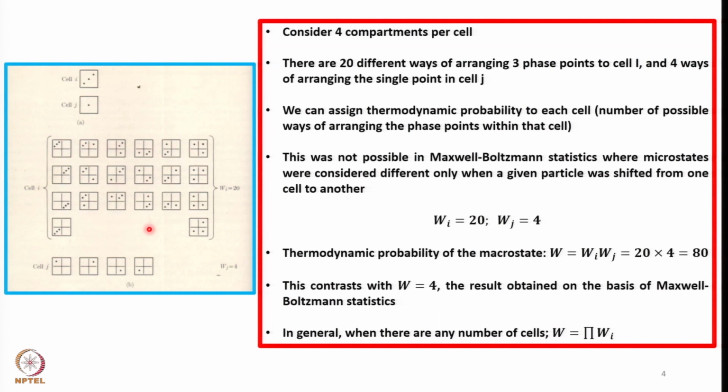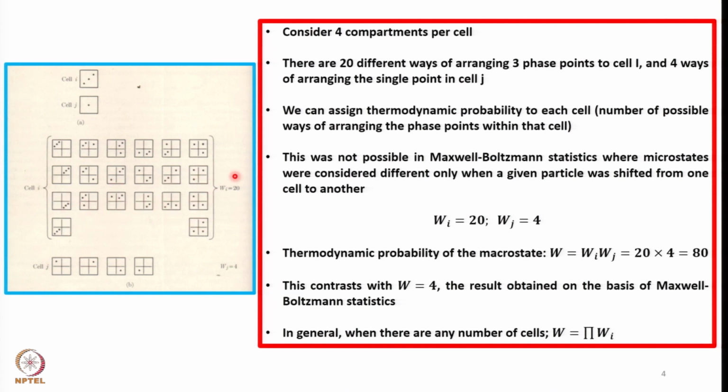There are 20 different ways of arranging these 3 phase points in cell I, and since we had only 1 phase point in cell J, with 4 compartments it can stay here, here, here or here. That means the thermodynamic probability W is equal to 4. In the upper case, counting 1, 2, 3, up to 20, W is equal to 20.